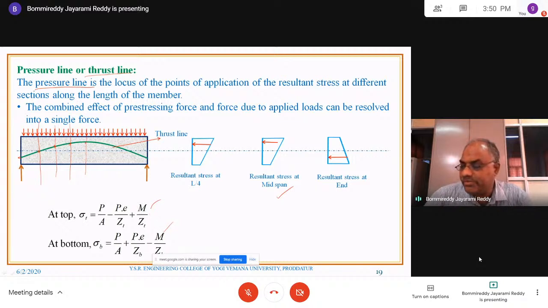Accordingly, since this M value is parabolic, the stress also varies parabolically, and the resultant thrust follows a parabolic shape. So that means here the shape of the external bending moment due to external load is the same as the shape of the thrust diagram or pressure line diagram.